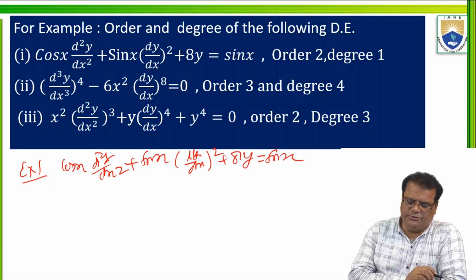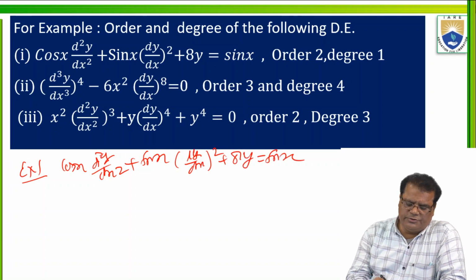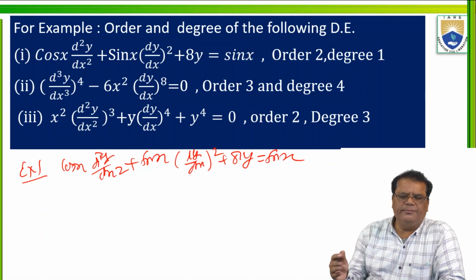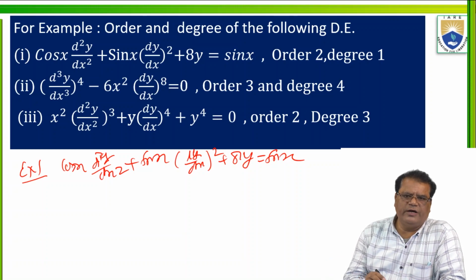This is the differential equation. In this differential equation we check in which term the differential coefficient has the maximum time differentiation of y with respect to x. So here is only dy/dx. dy/dx means, as I already told you, only one time derivative of y with respect to x.